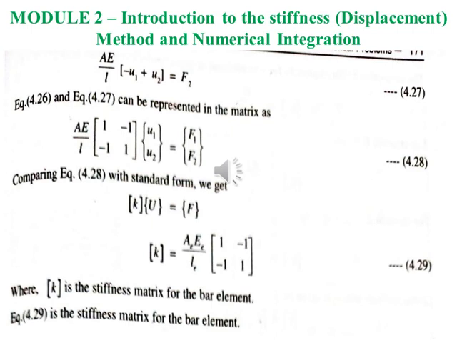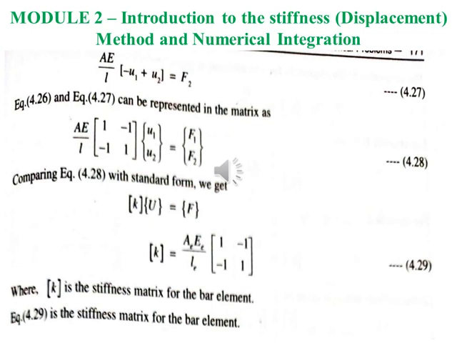So if there are multiple elements, then the stiffness matrix for each element has to be derived and added up. So if there are 3 elements, then 3 elemental stiffness matrices have to be derived and then we have to add them up. How exactly it is done, we can see with an example in the forthcoming videos, when we shall be solving problems for the stiffness matrix.